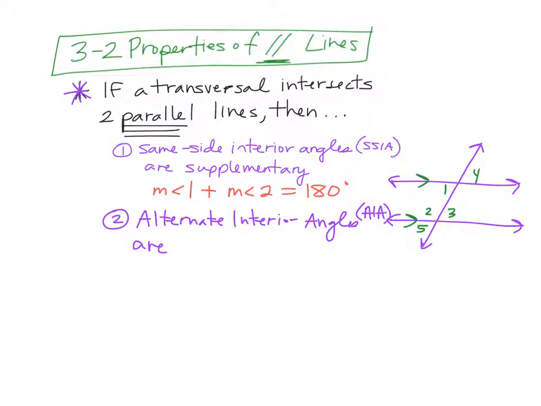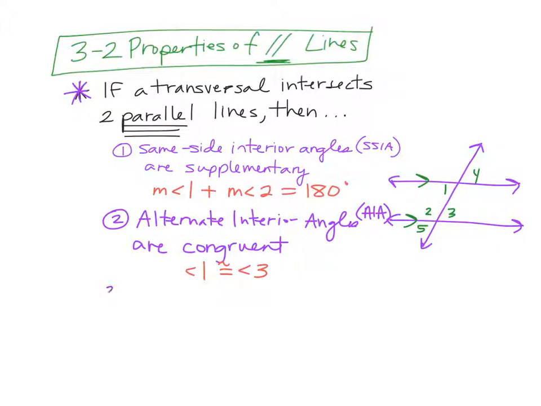What do you guess is true of them if the lines are parallel? They're congruent, okay? So alternate interior angles are congruent. So that means in this picture, angle 1 is congruent to angle 3. Okay, alternate interiors will be congruent if the lines are parallel, which in this case they are. Okay, so that's the second one.